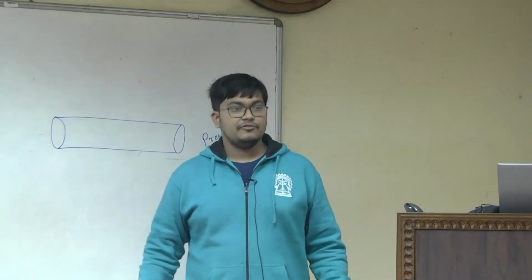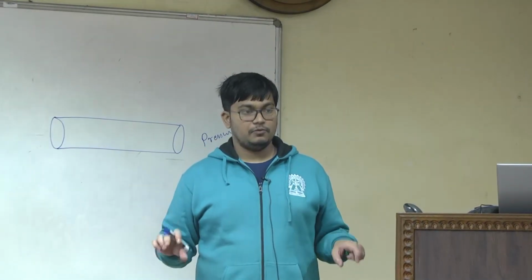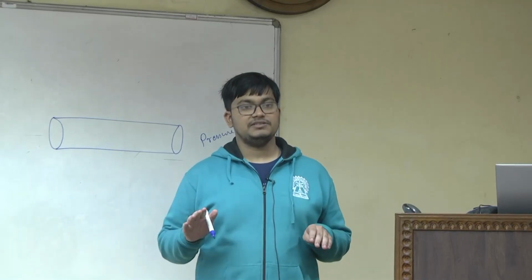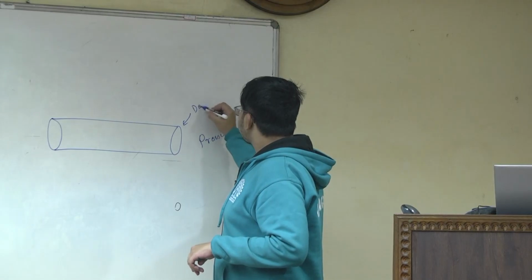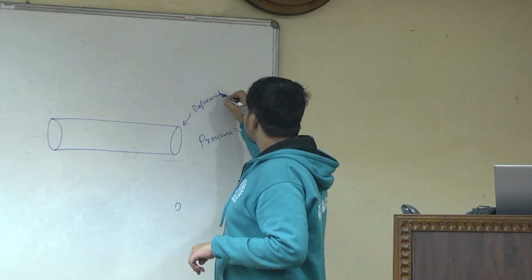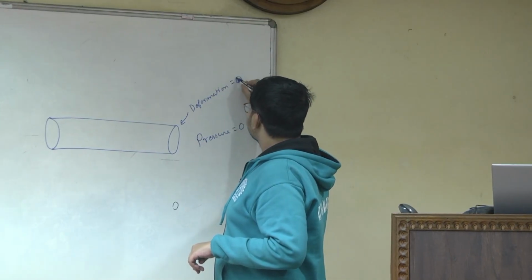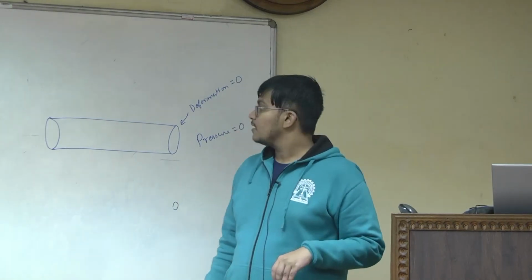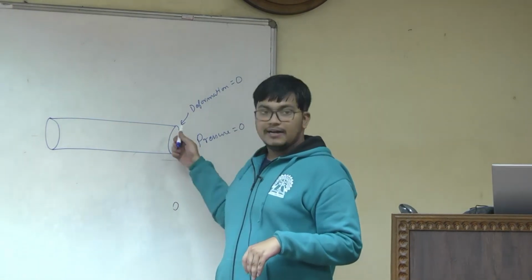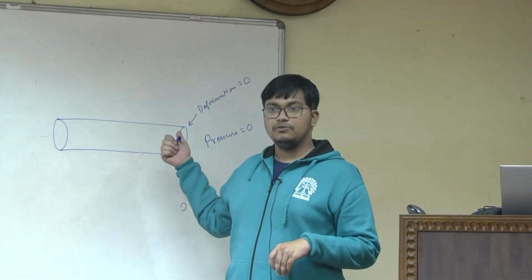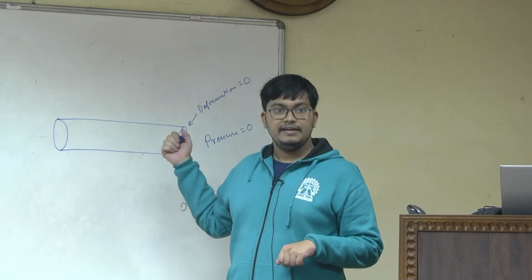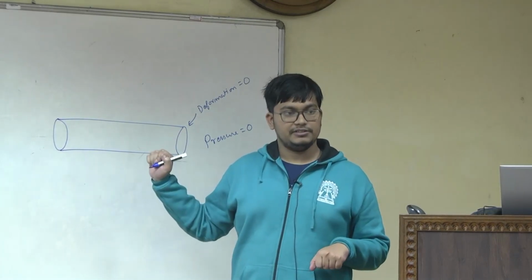So when there is no pressure on the vessel wall, then there the deformation will be 0. So here deformation is 0. But if we only prescribe on this wall the deformation to be 0, then Ansys will not be able to complete the simulation. Ansys needs another boundary condition.